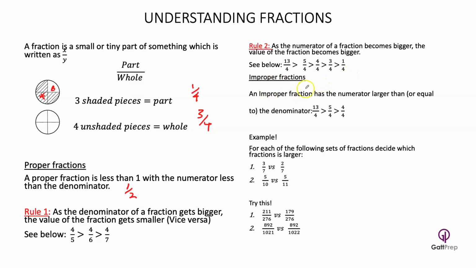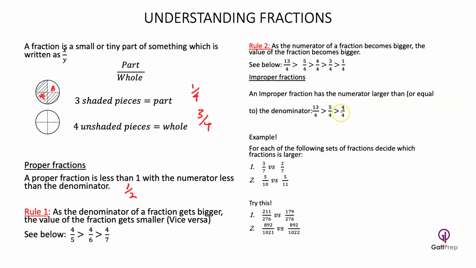Now let us look at improper fractions. An improper fraction has the numerator larger than or equal to the denominator. So here you realize that 4 over 4 is 1, and proper fractions are fractions that are less than 1. Okay, so because 4 over 4 is 1, then this one is what?